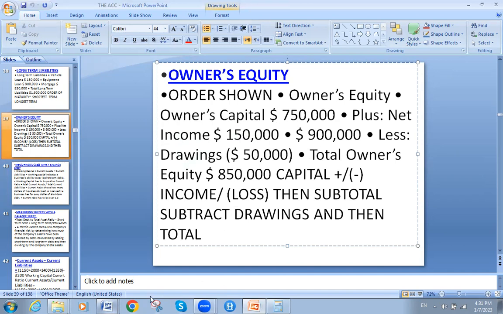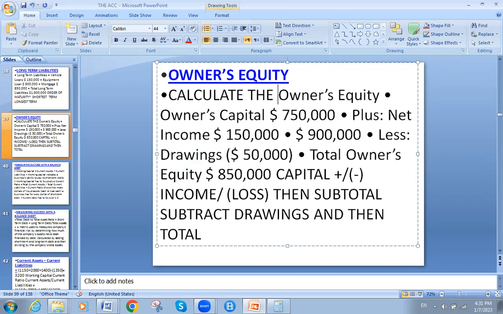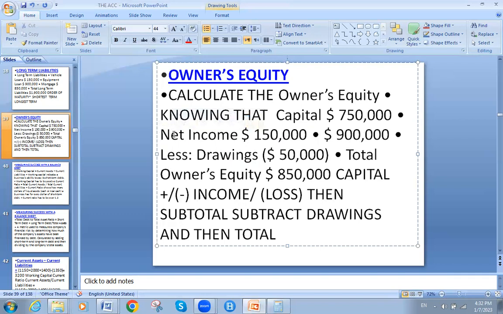Let me say here, to be more clear, calculate the owner's equity, knowing that capital equals 700 and net income equals 150, and the drawings.